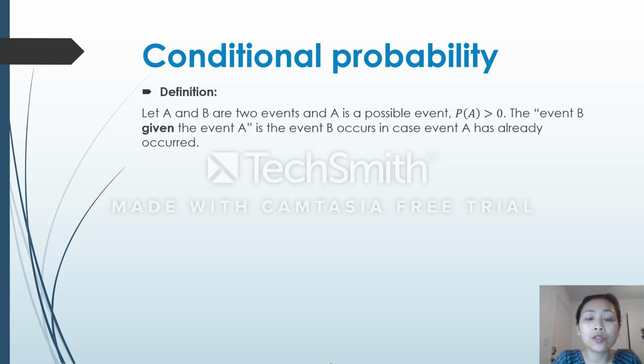Let A and B be two events, and A is a positive event. That means probability of A is not 0. The event B given the event A is the event B occurs in case event A has already occurred.